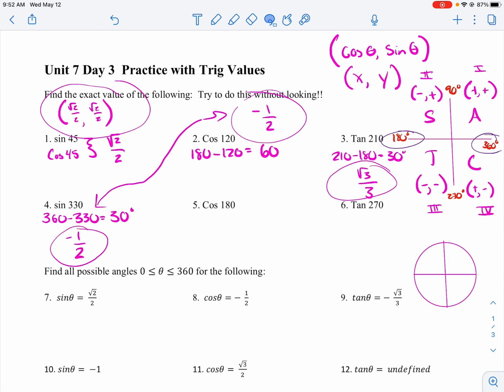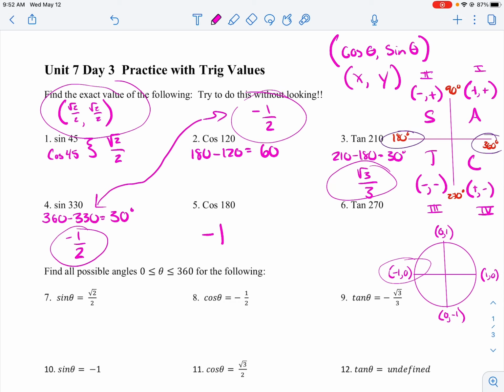There we go. So this is (1, 0). This is (0, 1). (-1, 0). (0, -1). Because we're at 180 degrees, we're over here. Our cosine value, or our x value, is negative 1.